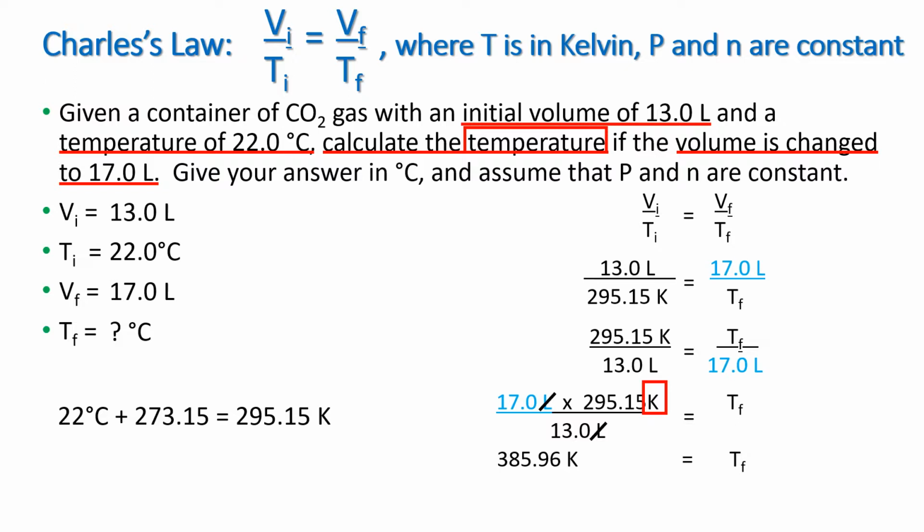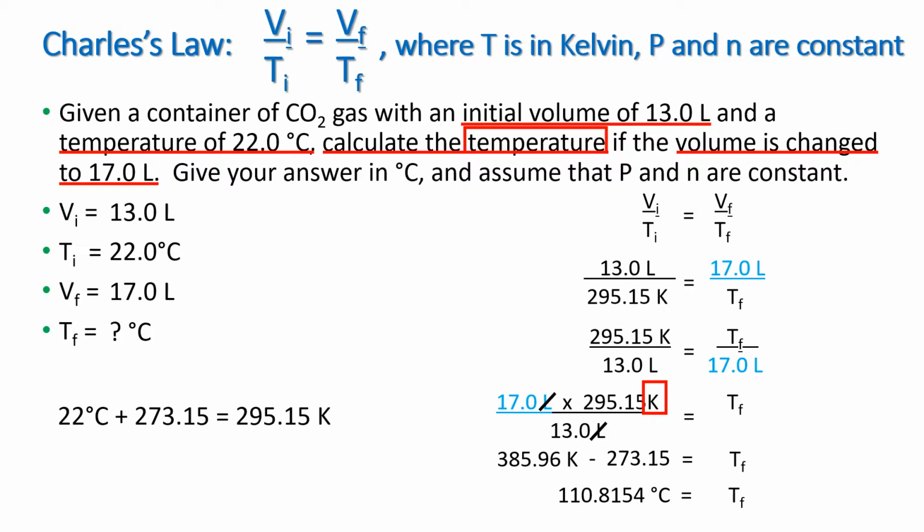To go the other way, that is to convert from Kelvin to Celsius, we're going to do just the opposite, which means we're going to subtract 273.15 from our Kelvin measurement. So let's do that now. There it is. And our answer becomes 110.8154 degrees Celsius.